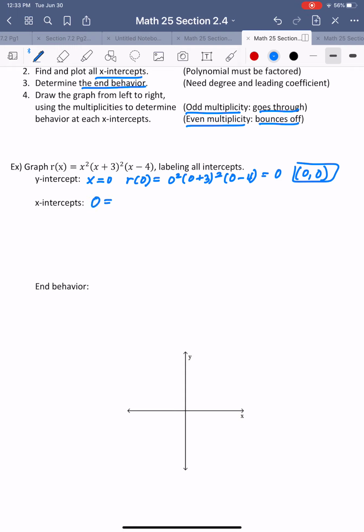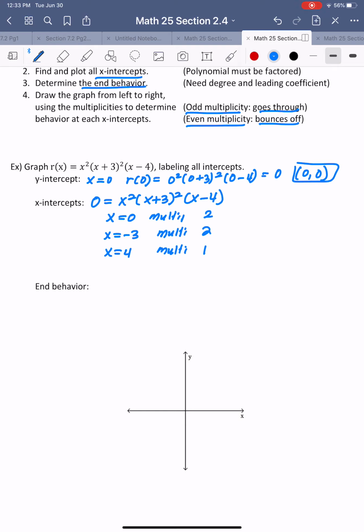For the x-intercepts, set equal to 0: x squared times x plus 3 squared times x minus 4. So x equals 0 with multiplicity 2, x equals negative 3 with multiplicity 2, and x equals 4 with multiplicity 1. So there are 2 bounces off and 1 going through.